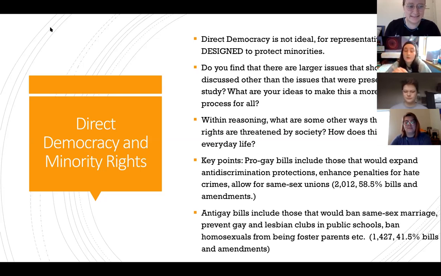Another question I had was, what are some other ways that minority rights are threatened by society through this process? So my first question is how can we help, and the second question is how is this damaging to these people in a minority? I created this question because I know that our class is very diverse, and I think a lot of really good ideas could come from those people that have different perspectives.